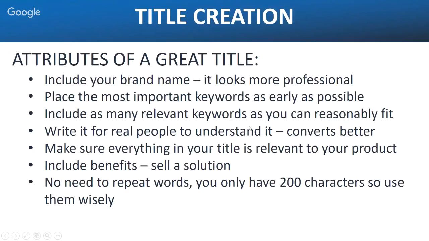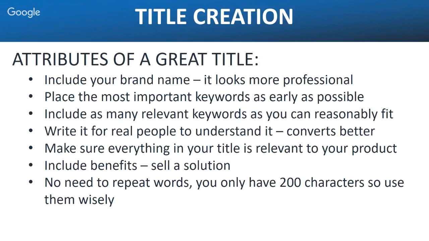Include as many relevant keywords as you can reasonably fit into the title without making it keyword stuffed. In other words, write it for real people to understand, because that converts better because people can read it.